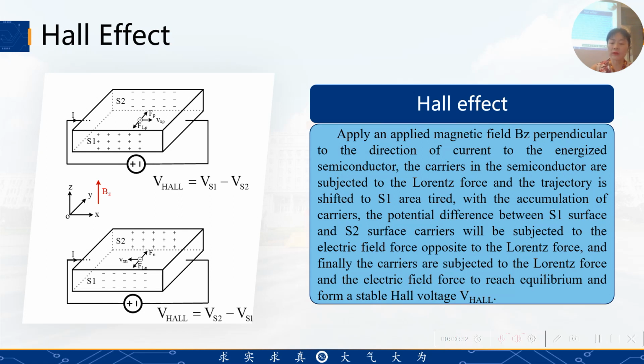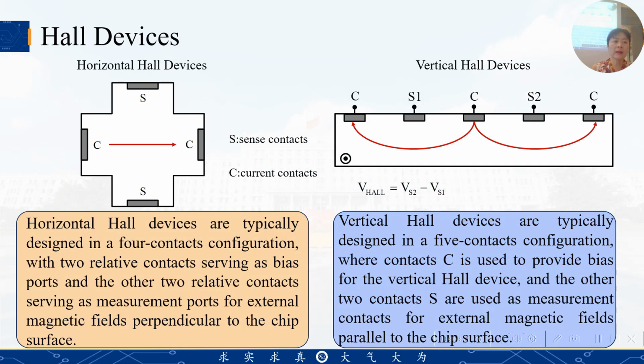That's the Hall voltage. The Hall device is a rectangular, typically designed in a 4 contact configuration, with 2 opposite contacts serving as bias and the other 2 opposite contacts serving as measurement ports for external magnetic fields perpendicular to the chip surface.